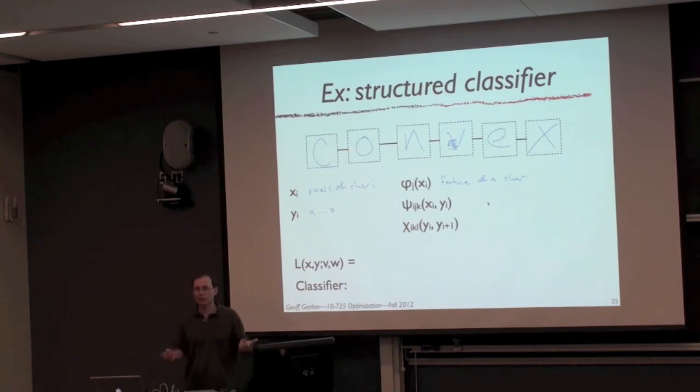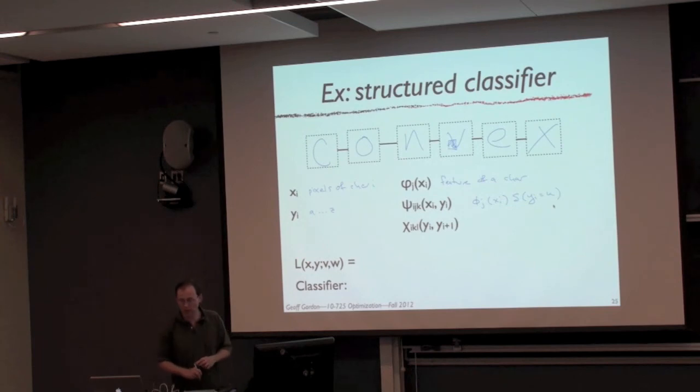Then from those features, I'm going to define a whole bunch more features. So I'll write phi j of xi, and then I'll multiply that by an indicator, a Kronecker delta, of whether yi is equal to k.